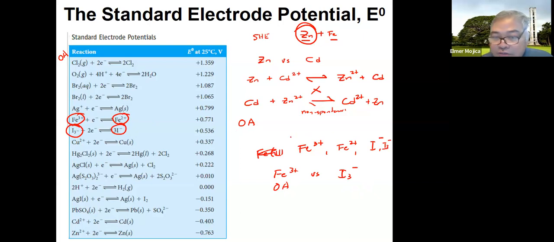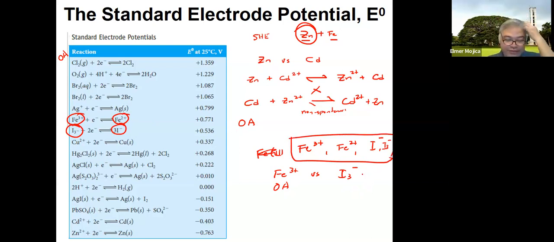So if we're going to have this in a solution, which one will dominate? So if we put all of these ions in the solution, that means we're going to react them. So in that case, how will the reaction be?